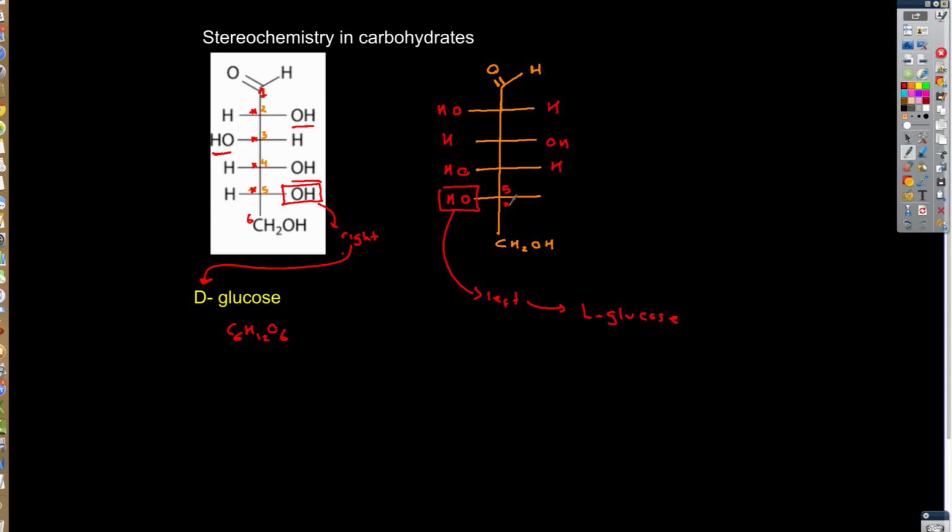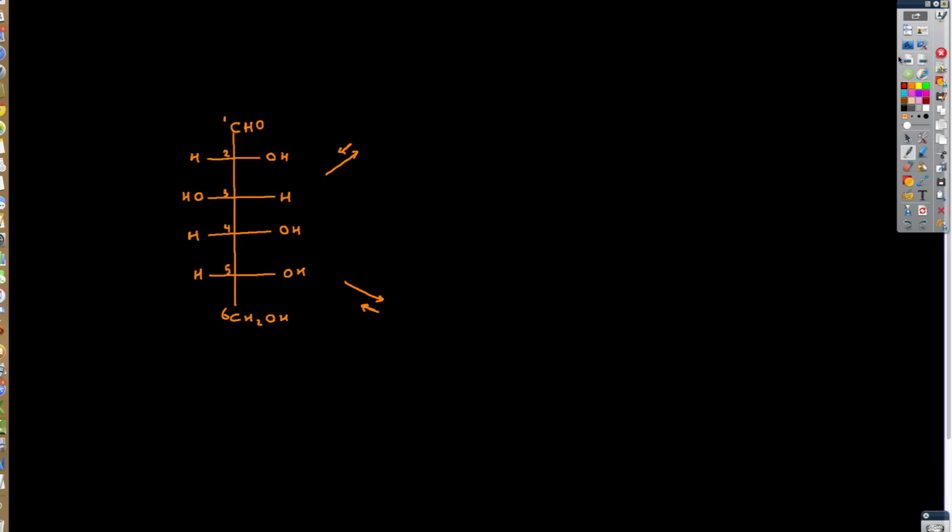But the fifth carbon is deciding if you are right-handed, D, or left-handed, L. Now what happens, sometimes in aqueous solution glucose turns into a cyclic form. The oxygen of the fifth carbon and the first carbon form a bond. It's not dehydration synthesis or condensation. It rather gives you a cyclic form with an ether linkage in this fashion.